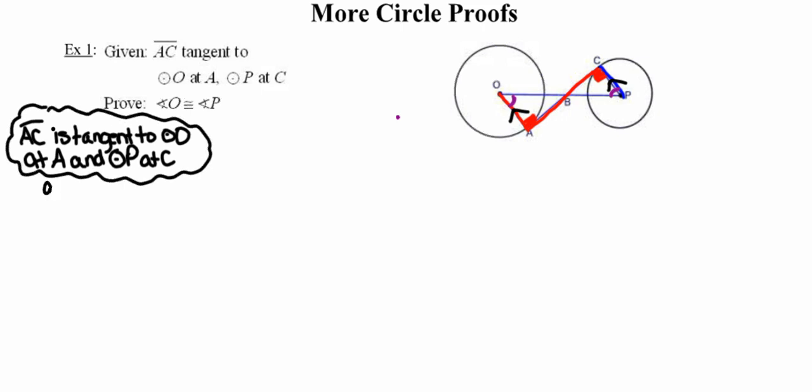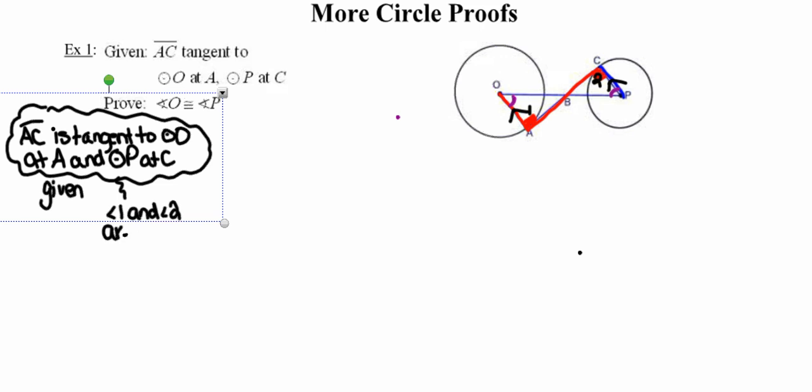And I can see in the picture that that tangent is drawn to the radius. And because that tangent is drawn to the radius, that makes the angles at A and C, which I'm going to call 1 and 2, right angles. And that's because anytime we draw a radius to a tangent in a circle, it makes a right angle.